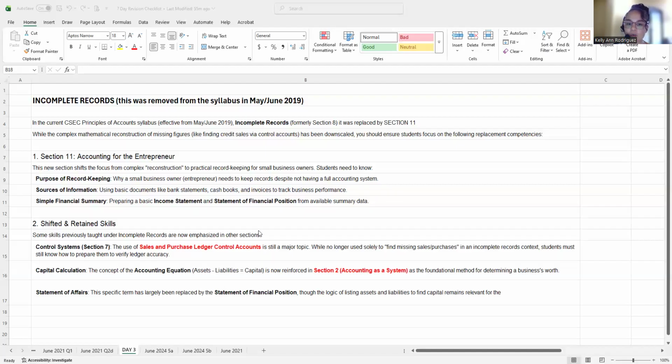So once you know your accounting formula, you will be able to prepare a basic draft of a statement if the examiner asks for it. It may not be a full statement. They may bring something where they just ask you to show what is the working capital or show what is the capital in between. So you just have to know what you're working for. Working capital, how is that calculated?